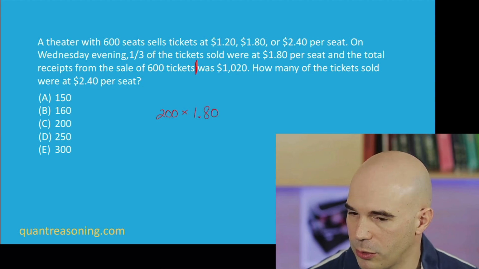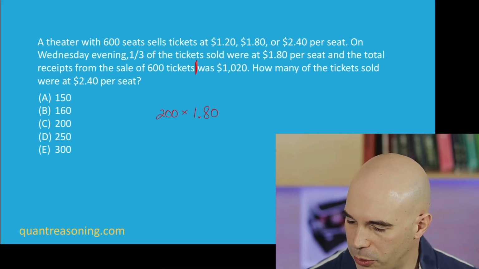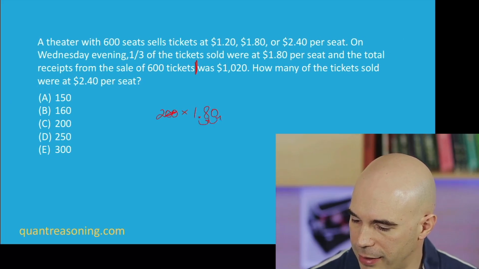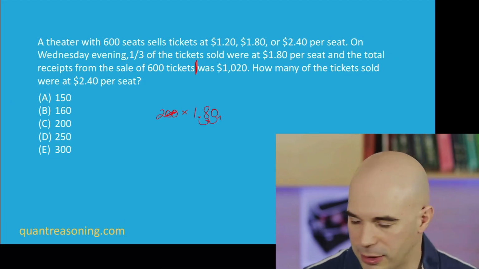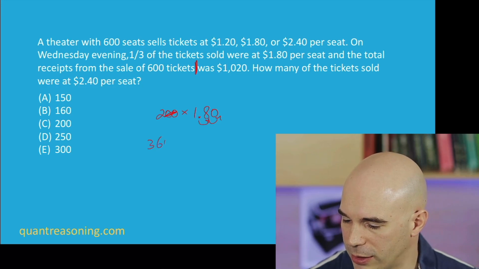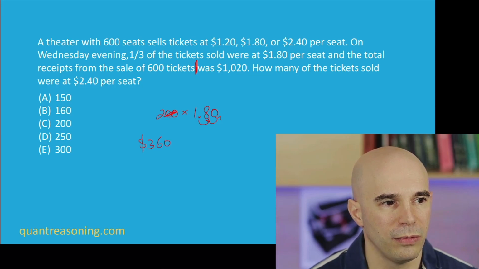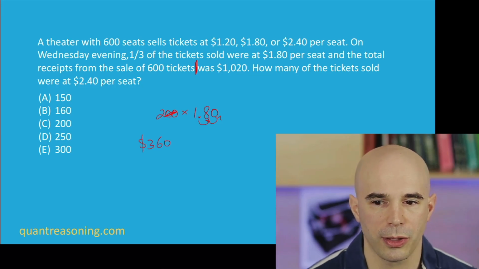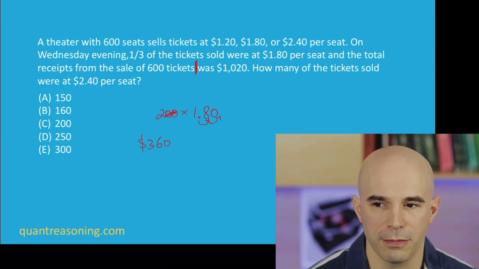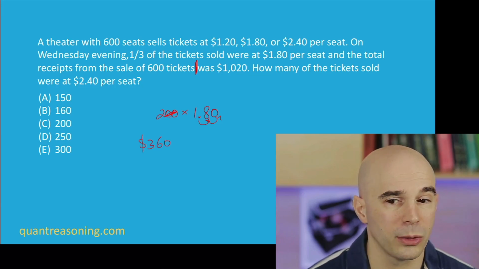I would use the 2 zeros to move the decimal point 2 spaces to the right, like that. And I get 2 times 180, which is 360. So I think I would make that inference before the word was. So $360 came in from those first 200 tickets.